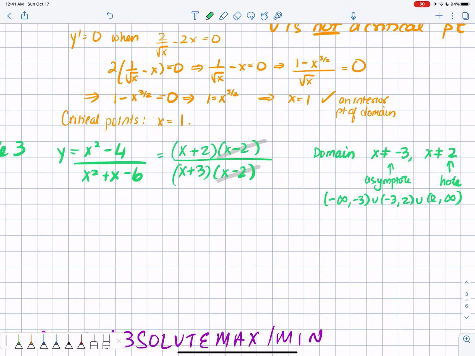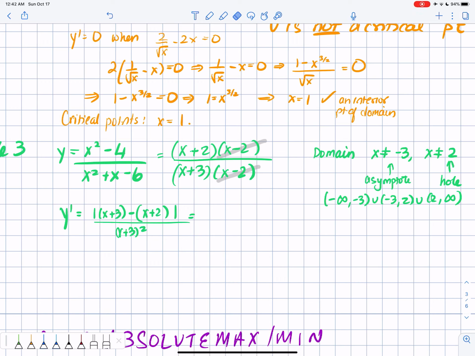All right, so now that we have written y like that, let's look at what y prime is. It's u over v, so you have 1 times x plus 3 minus x plus 2 times the derivative of x plus 3, over x plus 3 whole squared.